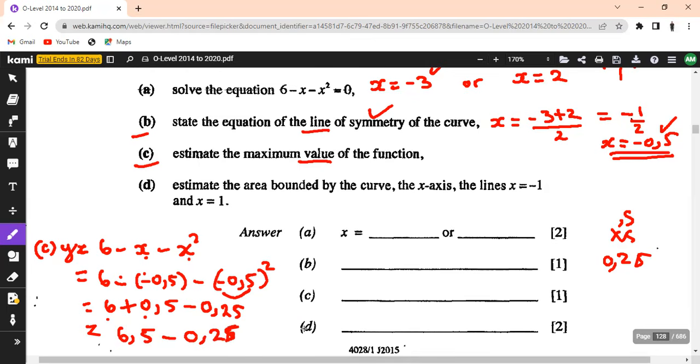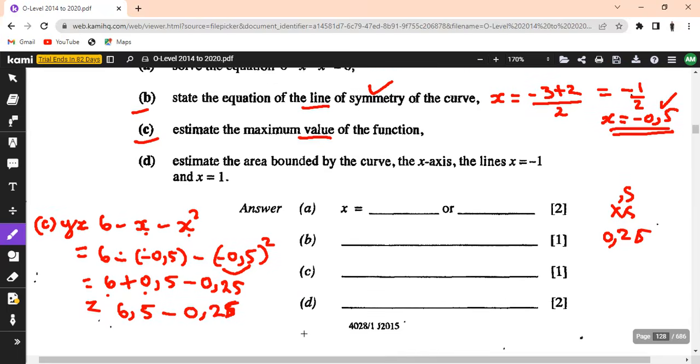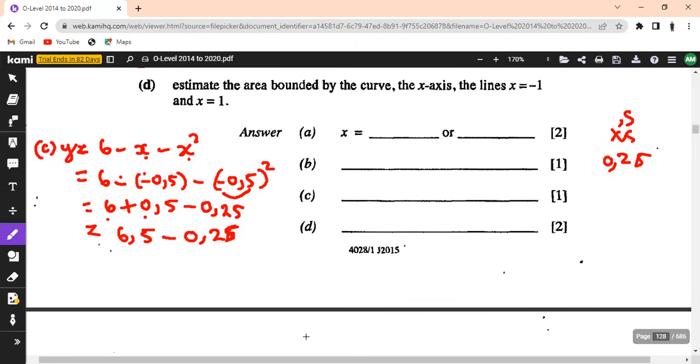That is the advantage. Yes, it's long, but it gives you the exact value. If you subtract 0.25 from 6.5, you obtain 6.25. That is the value of y at the turning point, our maximum value. So this was actually what we needed in this case.